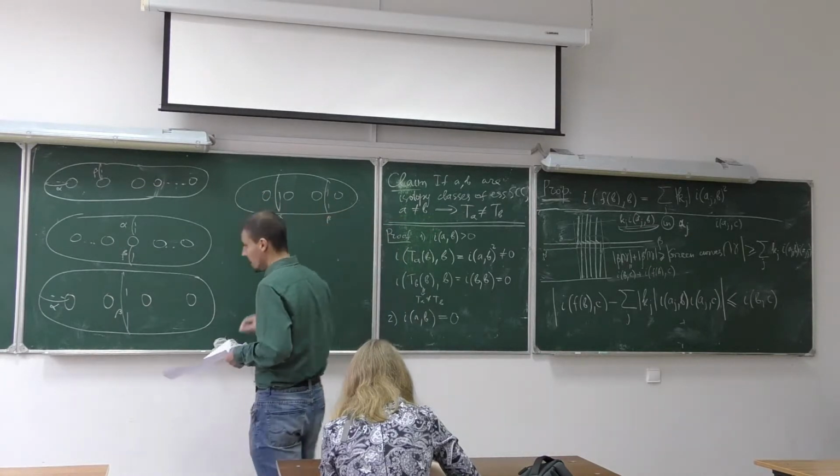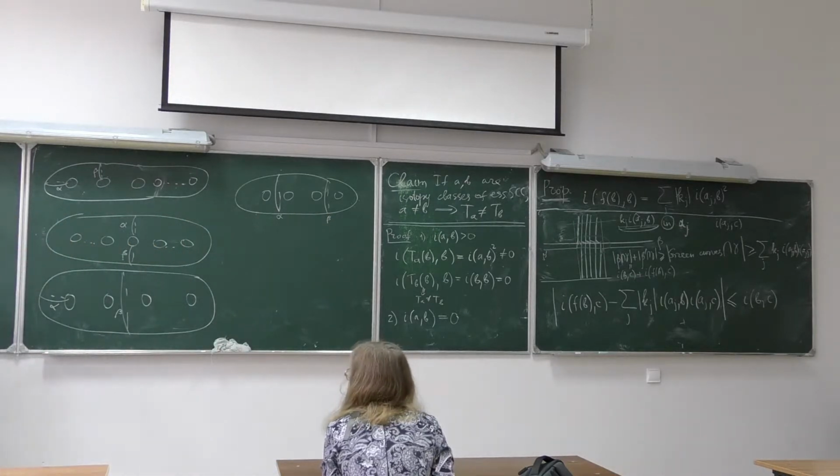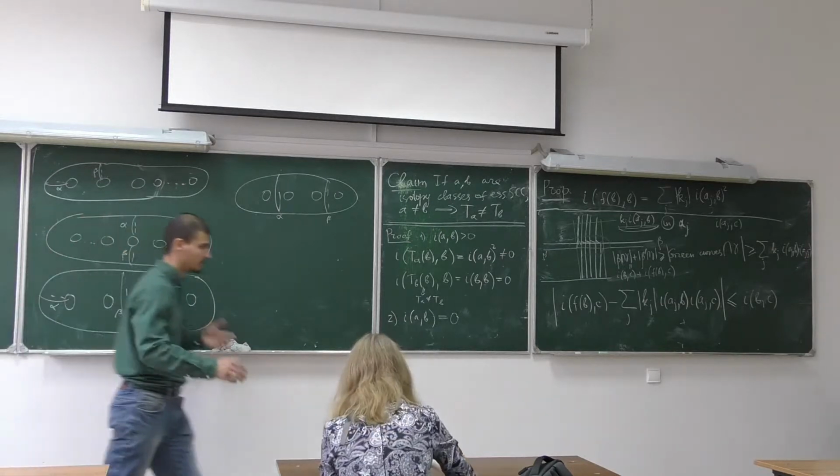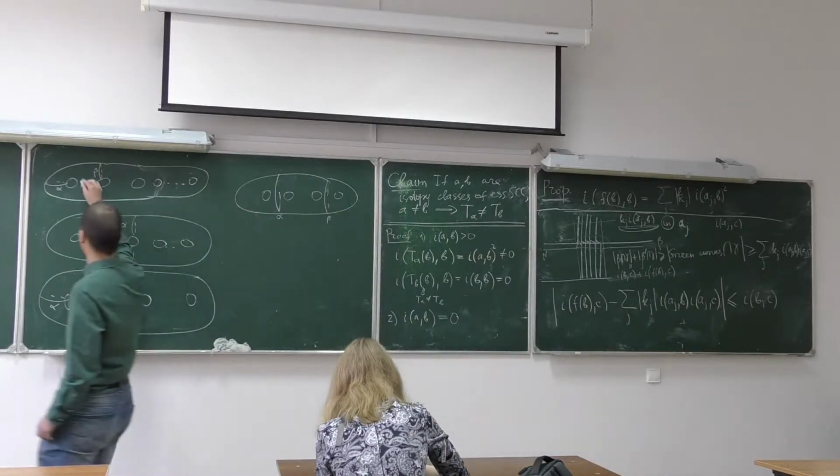Look, in any case, we can point out a new curve such that it has non-zero intersection index with alpha, but zero intersection index with beta. Just go through the cases, it is easy to find.